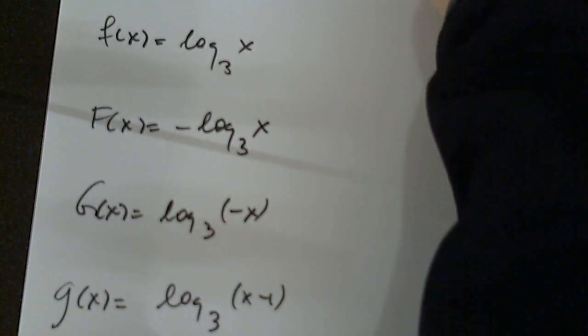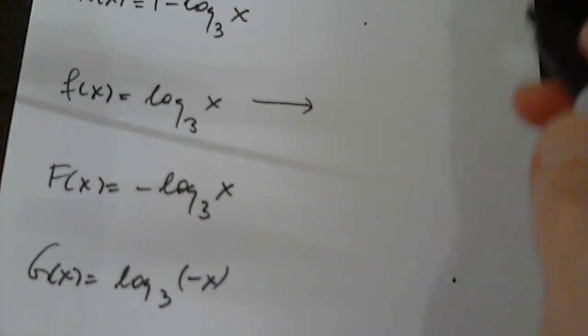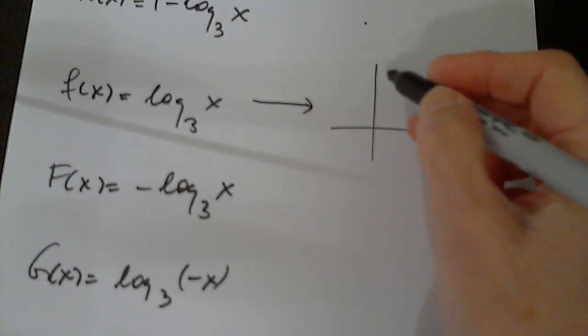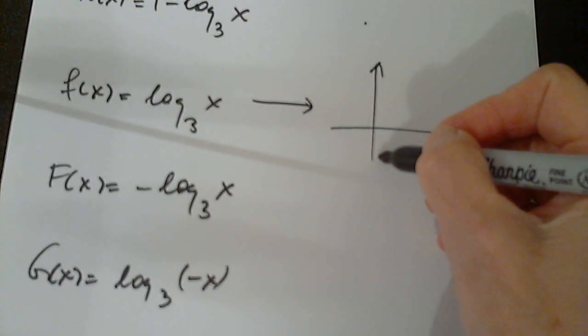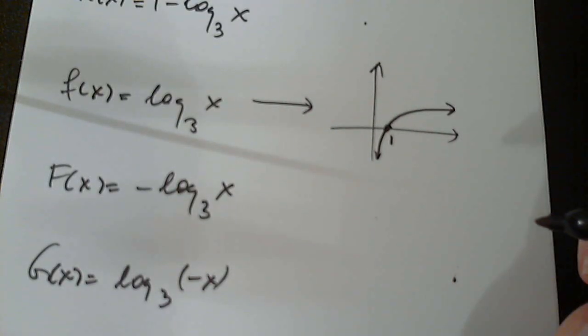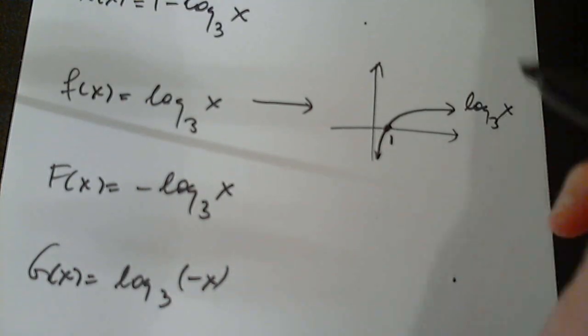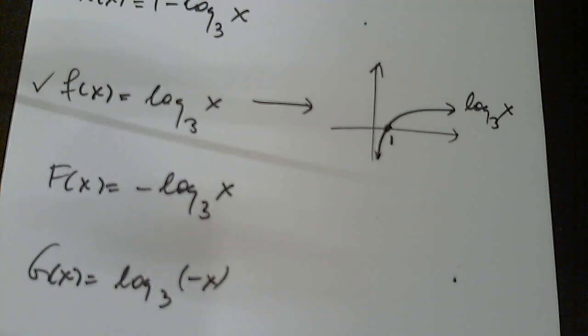Of course. So in all of them, I'll start with this. Base 3 greater than 1, this is it, and it crosses at 1, 0. Log base 3 of x. So this is done. So if you want to stop sharing, share so we can find f of x.